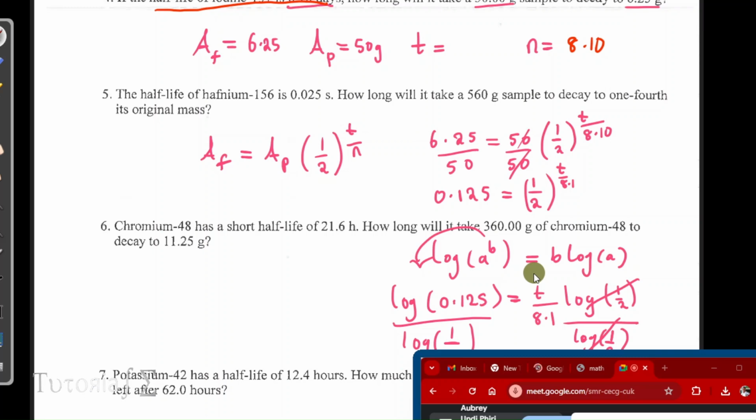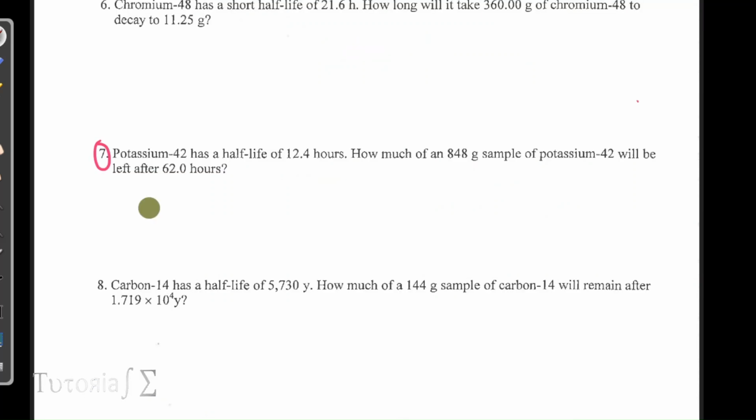All right, now I want you to solve 5 by yourself. So what is the formula? You need to memorize the formula.